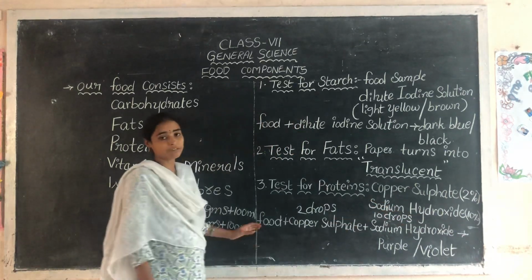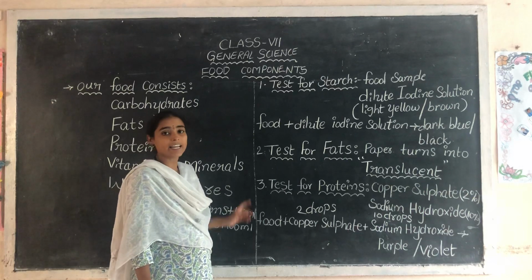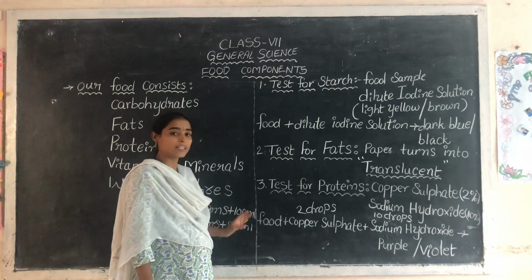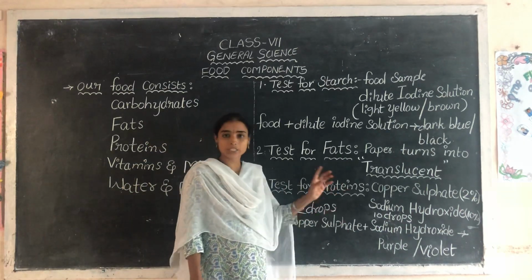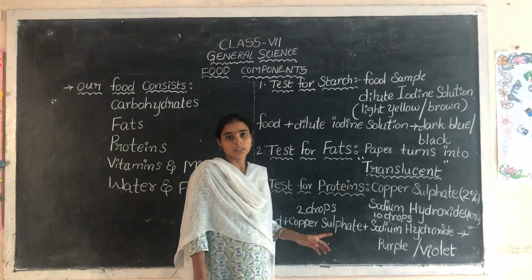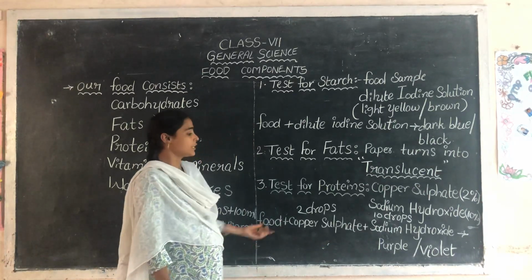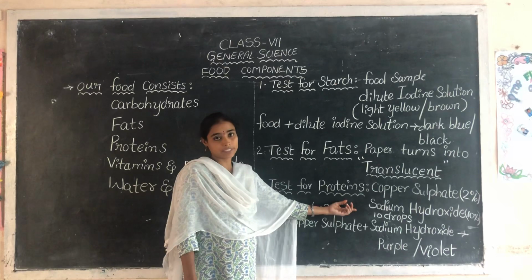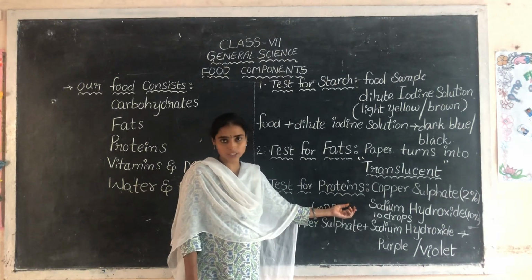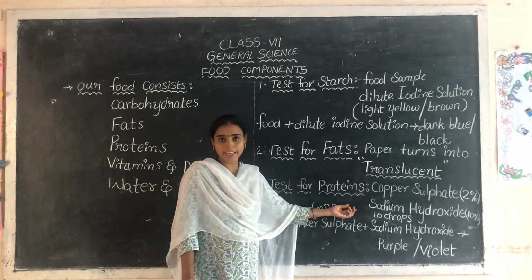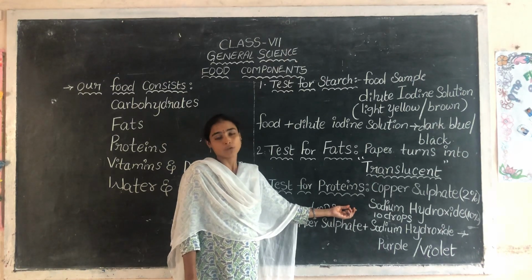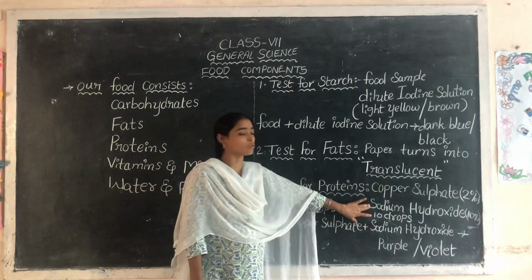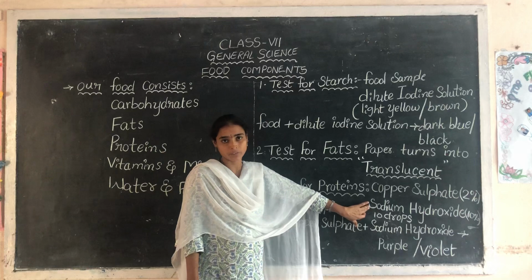Take 2 grams of copper sulfate and add 100 ml of water. We get 2% copper sulfate solution. Okay. Now take 10 grams of sodium hydroxide and add 100 ml of water. We get 10% sodium hydroxide solution.